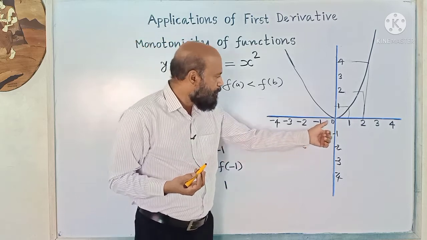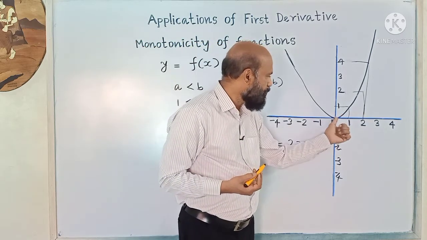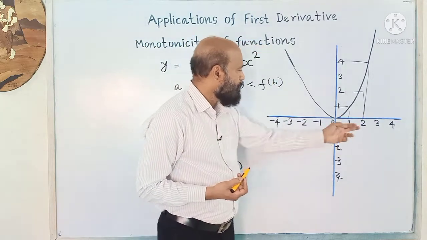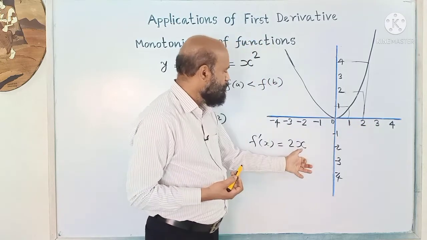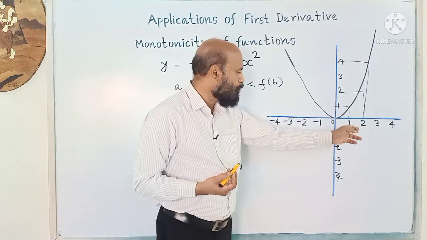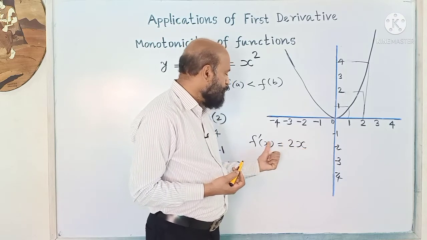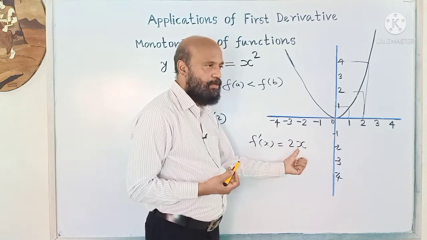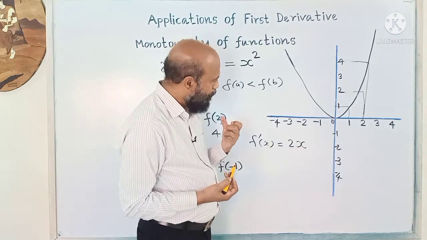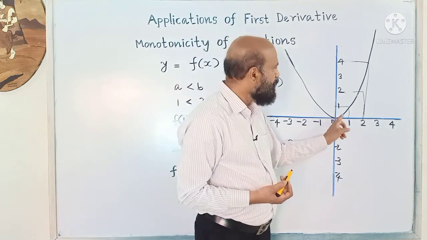Now take a value here, 2 or any value. Now for this x, if you put 2, 2 into 2, 4 is a positive value. So first derivative is positive, and when first derivative is positive, function is increasing.